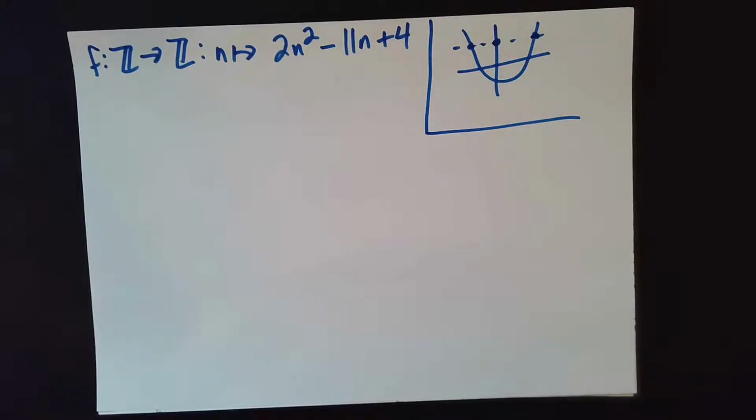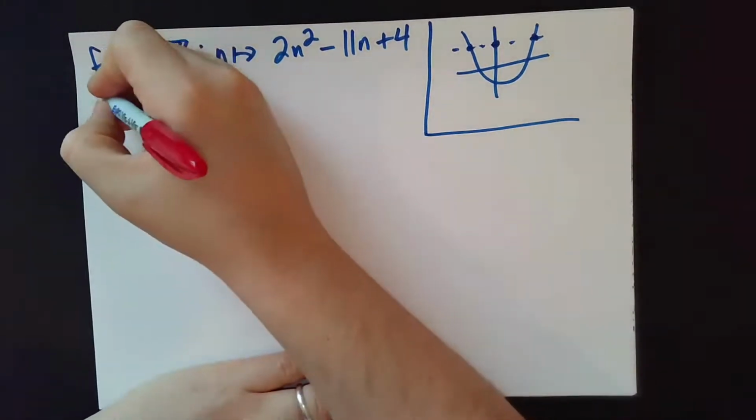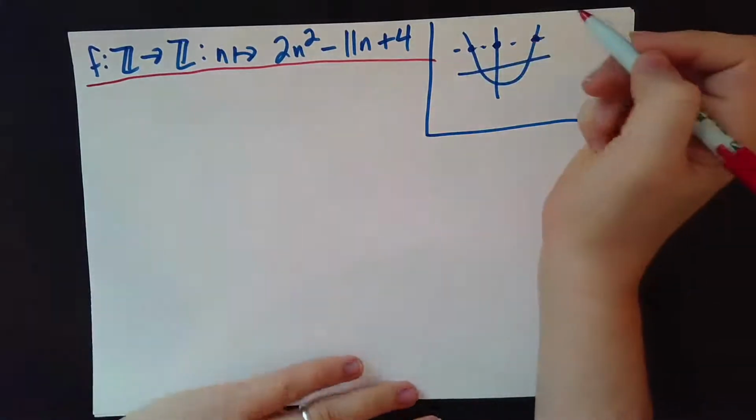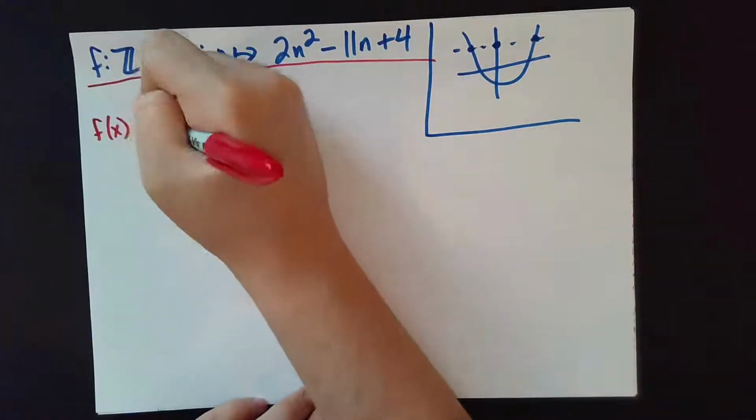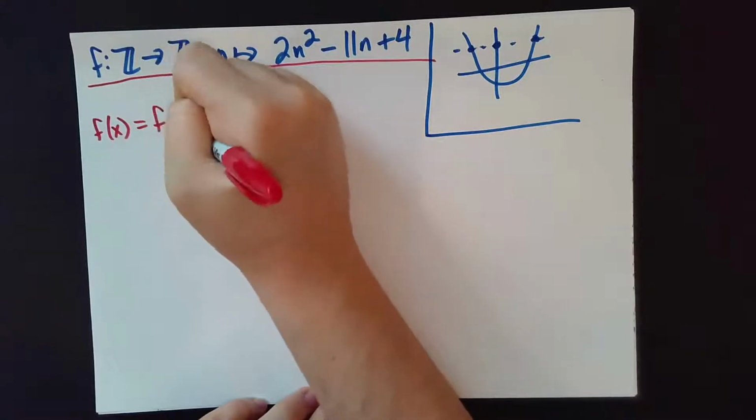Or I'll solve that and find out that there are actually x and y that are not equal, but that go to the same place. So let's just try solving f of x equals f of y and see where that takes us.